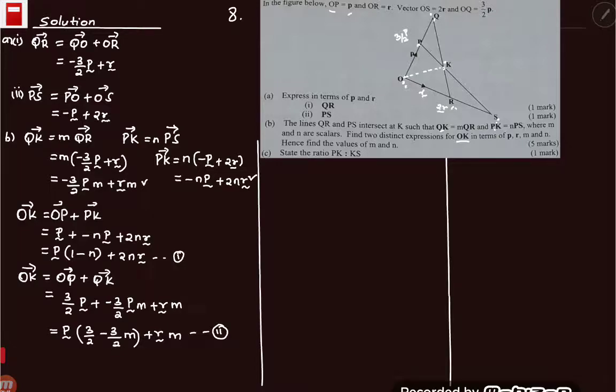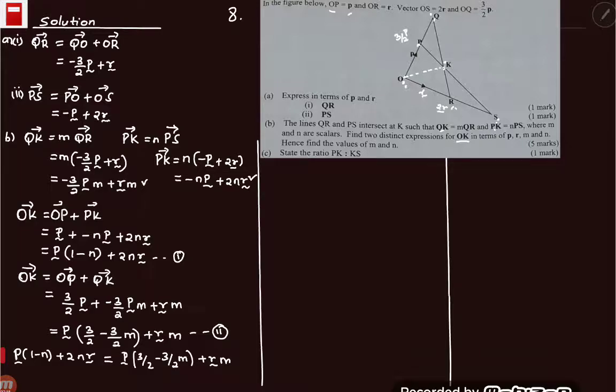Now since both of them express OK, it means we can equate them. So we will have P into 1 minus N plus 2NR being equal to the second expression, P into 3/2 minus 3/2 M plus RM.